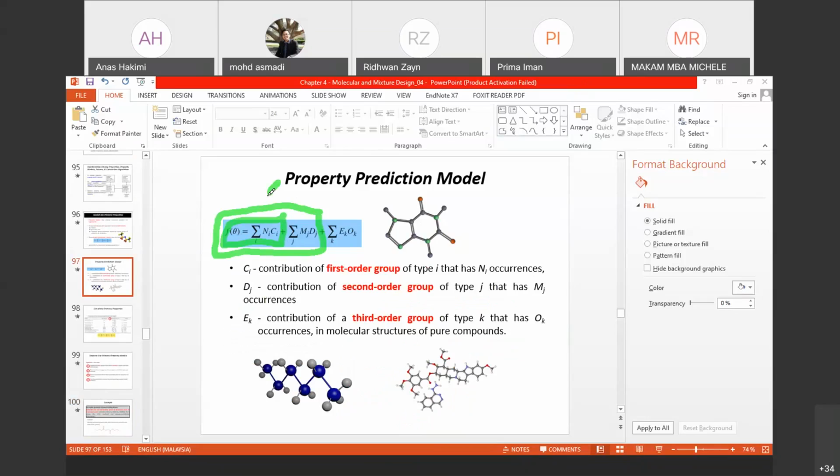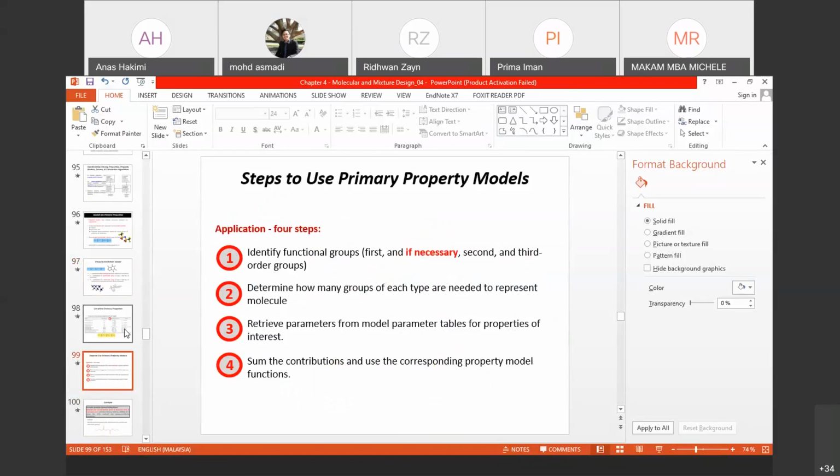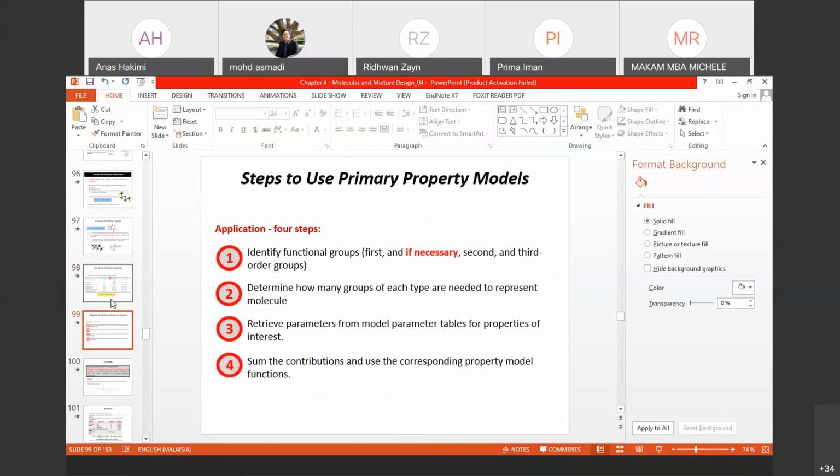Some properties for the second order you have to take from the first order. But for that compound, the first step, the primary step, is enough.